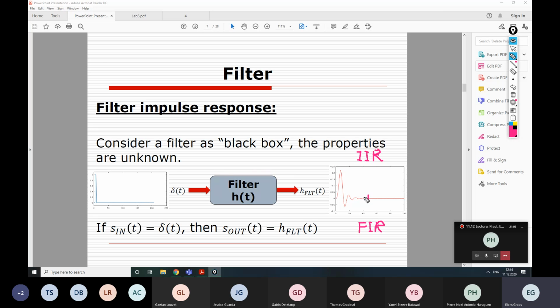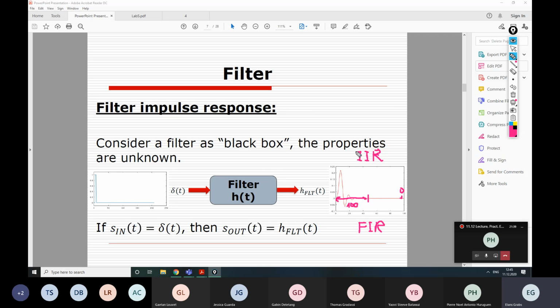So in case of the finite impulse response, this impulse response has some fixed duration, for example, 100 samples, and afterwards this gives zeros. For infinite impulse response, this impulse response is infinite. It's close to zero, but it never reaches zero. So it's said that it is asymptotically close to zero at infinity, right?